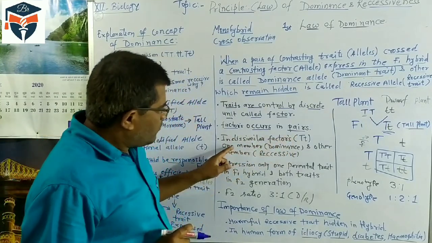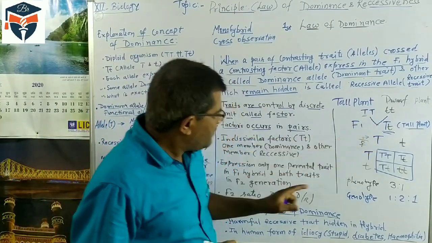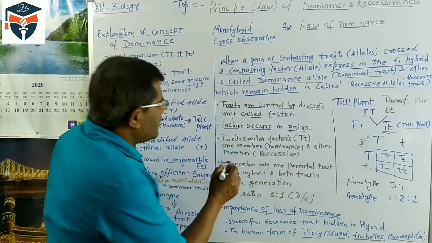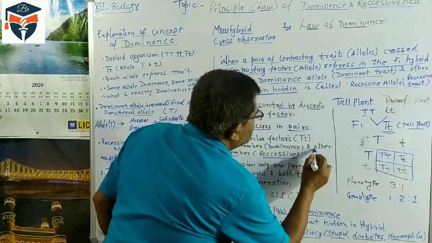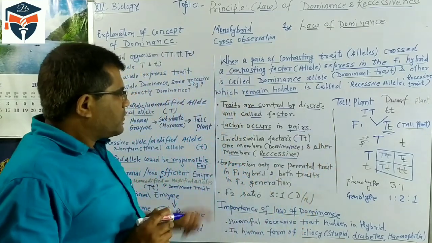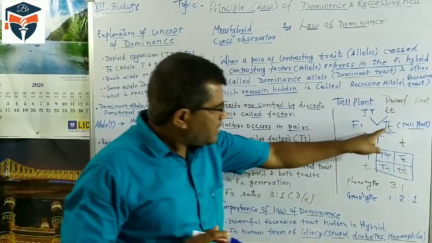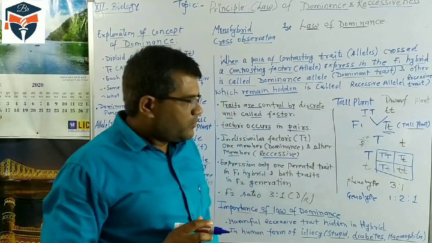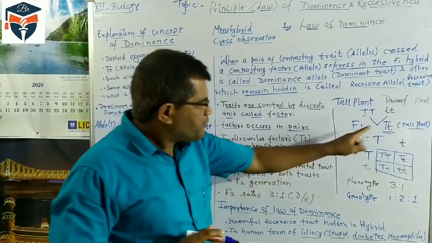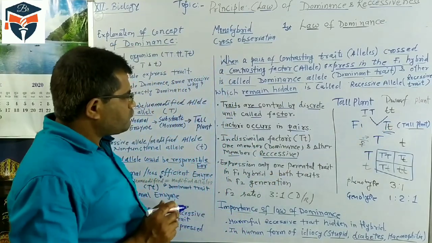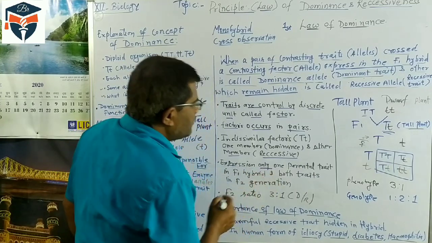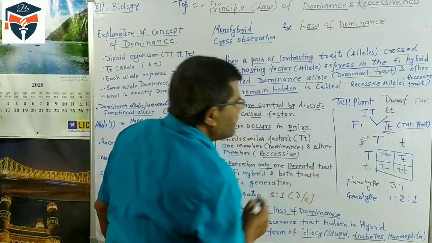In dissimilar factors, one member, one allele, is dominant, whereas the other member is recessive.